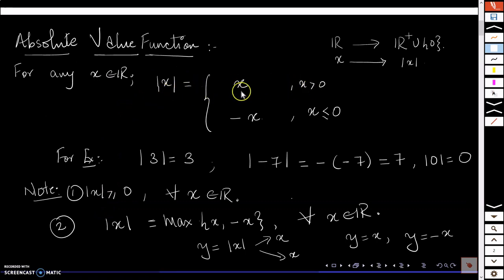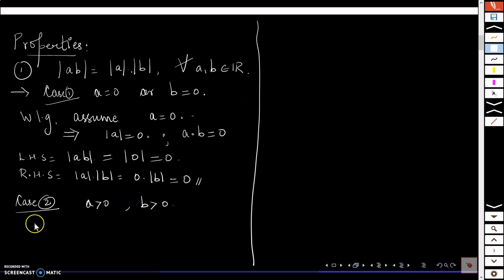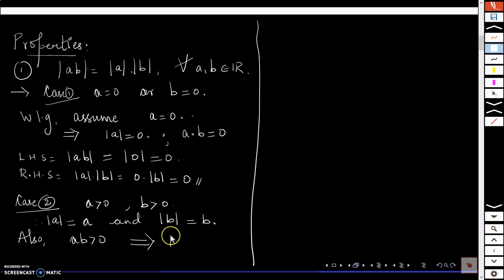When x is positive, mod x is x. So both a and b are positive here, so mod a will be a, because a is positive, and mod b will also be equal to b because b is positive. And because a and b are both positive, their product will also be positive, right? And because their product is positive, modulus of ab will be again ab itself.